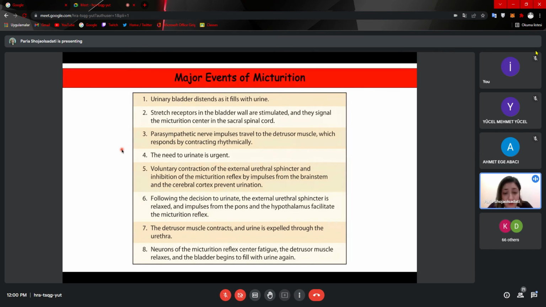The detrusor muscle contracts and the urine is expelled through the urethra. This is a complex pathway that contains different reflexes and different receptors in the wall of the bladder, and it can have parasympathetic components, or it's a higher function at the level of the pons and hypothalamus.